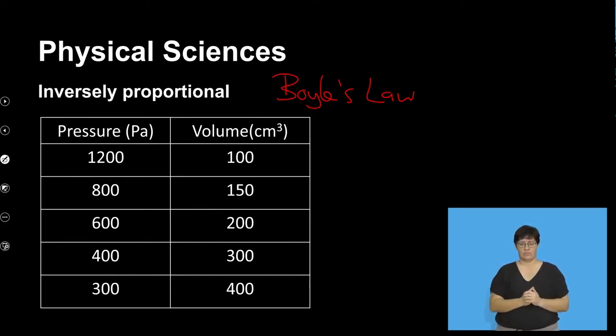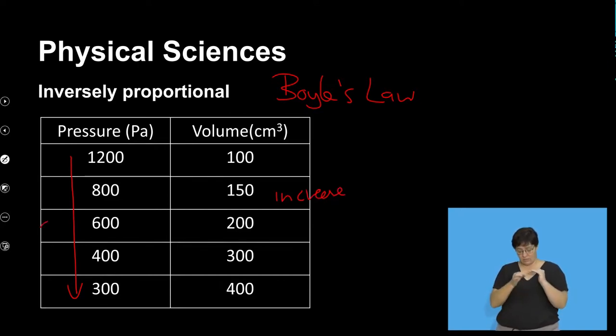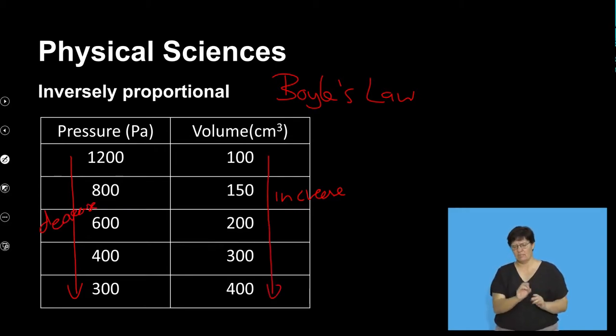And so what is happening to the pressure? The pressure, you'll see, is decreasing. And what is happening to the volume? Well, if we go from 100 to 400, then as we go down, this is increasing. So we've got a decrease over here, but we've got an increase as we go down in the same direction.